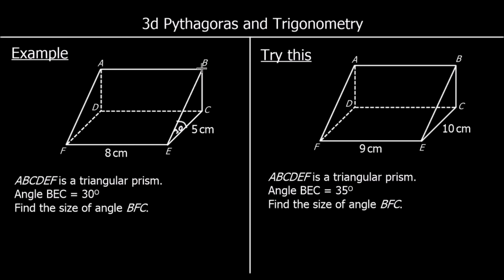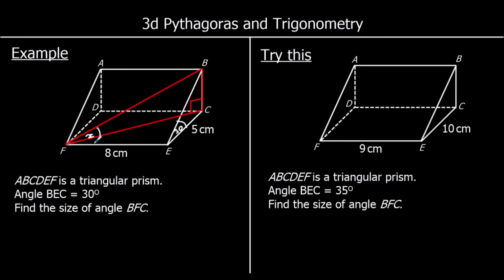So that's our diagonal B to F to C. So our unknown, the angle we're finding, is BFC. But this time, we're starting not knowing any of the lengths of our triangle. We don't know what C to F is. We don't know what C to B is. So we need to work both of them out.